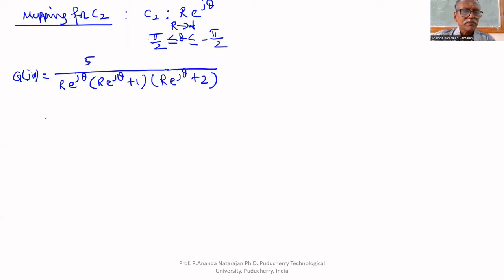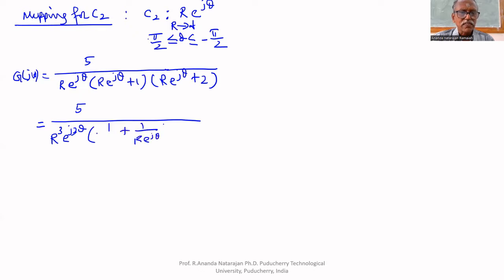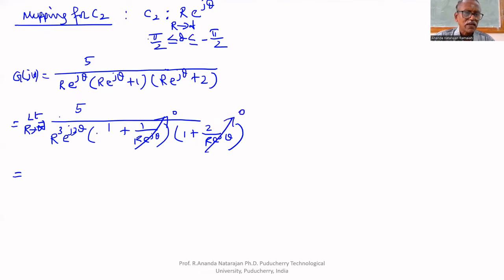If you take R e power j theta outside, what you will get is R cube e power j3 theta, times (1 + 1 by R e power j theta)(1 + 2 by R e power j theta). As R tends to infinity, this tends to 0, this also tends to 0, and only this alone is there.